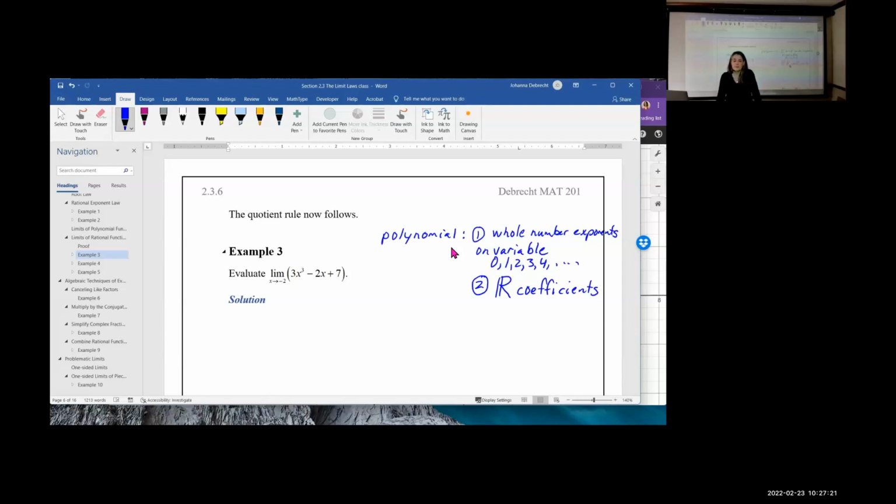Just real. You can't have i. I am going to ask this on the first exam. I'm going to ask you what 2 conditions are required to be a polynomial. And you're going to say whole number exponents on the variable 0, 1, 2, 3, and 4, and real coefficients.